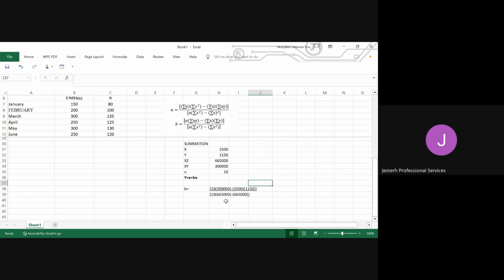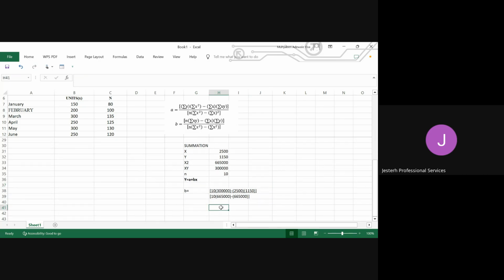Now we have formed the B that we want to use to determine our variable costs.